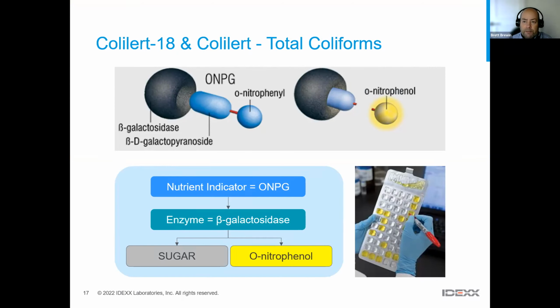There's an enzyme present in the total coliform bacteria called beta-galactosidase that breaks down the ONPG to a sugar and a product called o-nitrophenol, which is yellow. So in the presence of total coliforms, we get yellow coloration within the vessel or the Quanti-Tray.